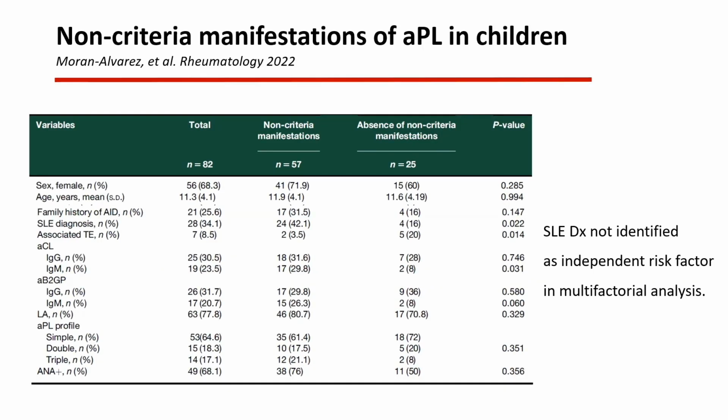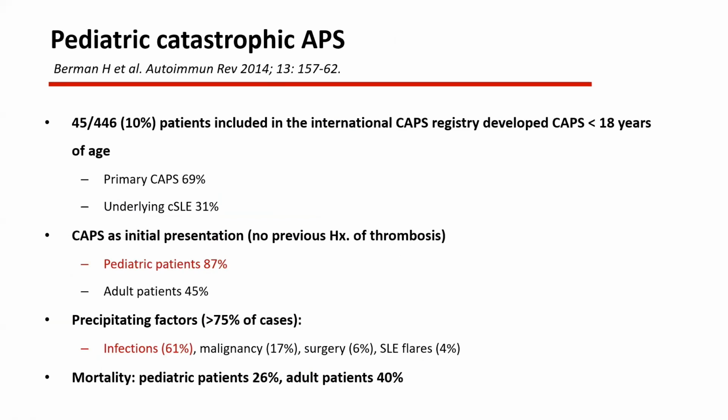Non-criteria manifestations in a cohort of patients with aPL were recently published also from Spanish centers. They evaluated possible association with SLE diagnosis, and in univariate analysis, it appeared that non-criteria manifestations are associated with SLE, but in multivariable analysis, SLE diagnosis was not identified as an independent risk factor for the presence of non-criteria manifestations in patients with antiphospholipid antibodies.